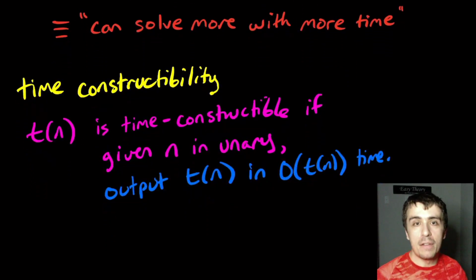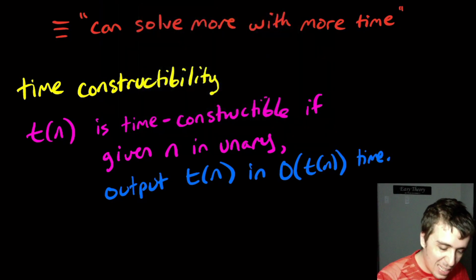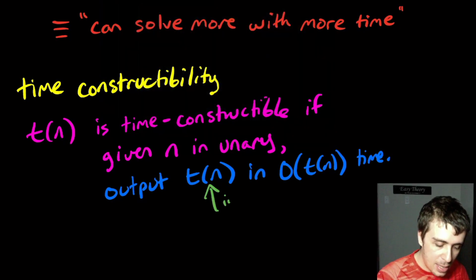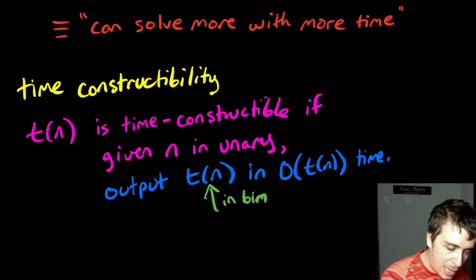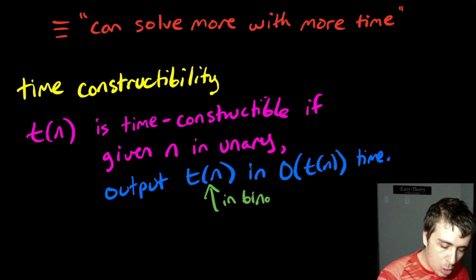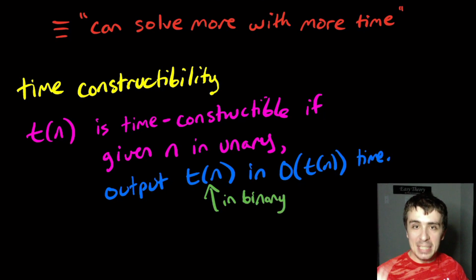So it doesn't matter if I take a certain constant more than t of n, as long as I can output it within the actual value. And importantly here, this one's actually important, this one is in binary. It's not important that it's binary specifically, as long as it is some other base than unary.